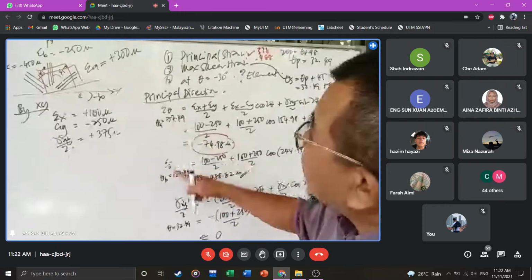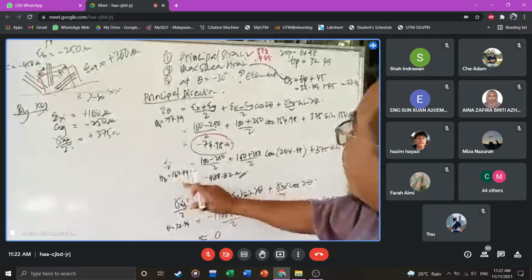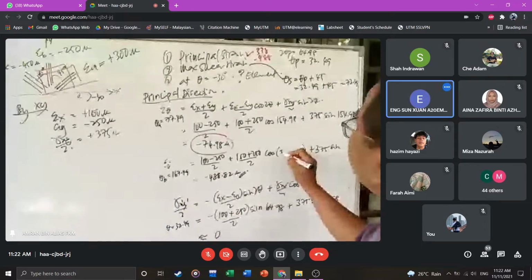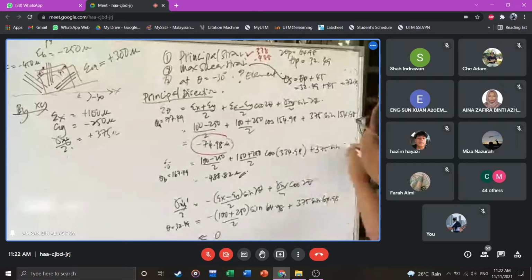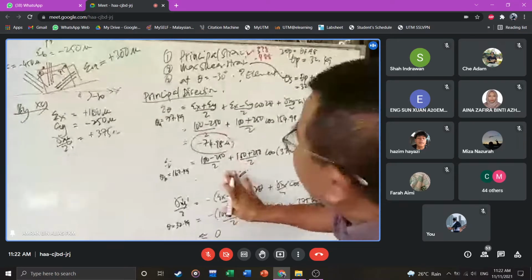So the partner of that one is 90 degrees, right? So put the value, double the angle. What is the value there? 334.98. So the same equation there. What is the value there now?